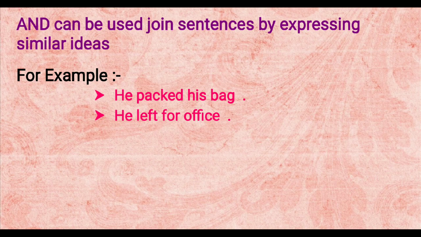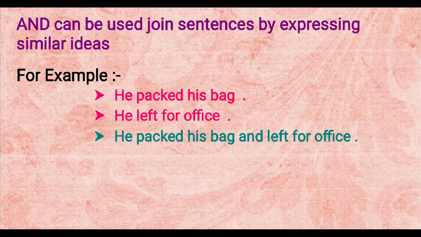After the first action is done, he attempts the second action. So this is the relation of the two sentences. How can we join them with and? He packed his bag and left for office.